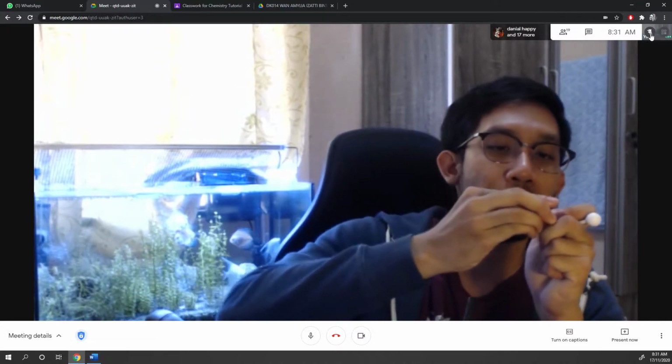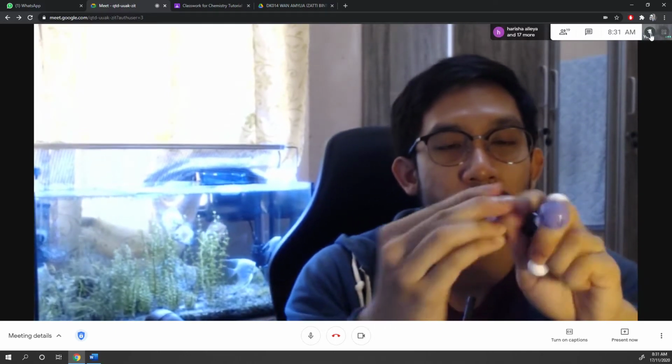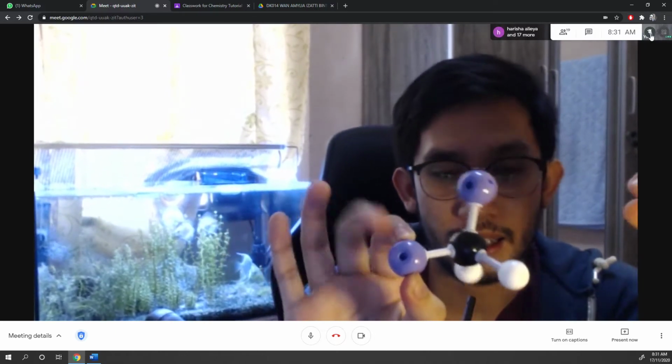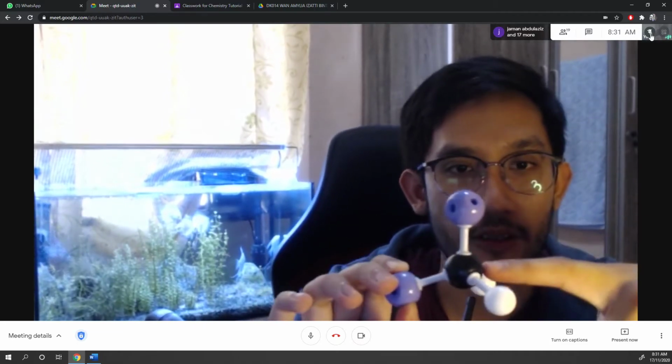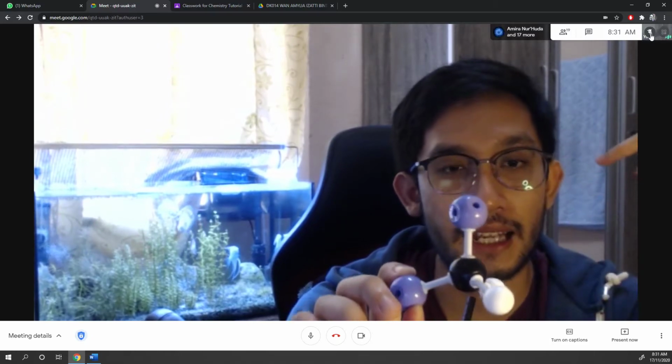So okay, pick any two. You can pilih any molecule. So bayangkan this two is the one in plane. So the central carbon, the hydrogen and hydrogen yang in plane.